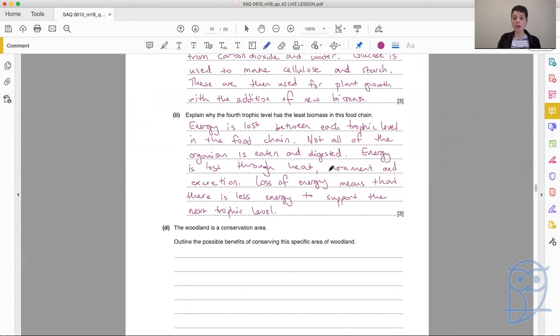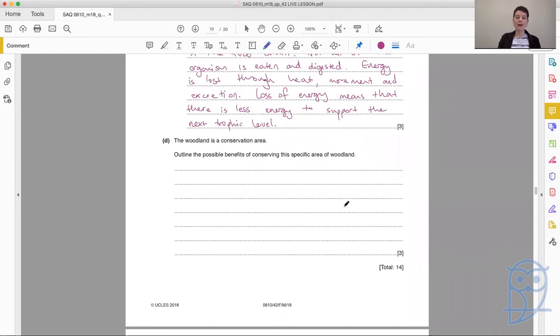So much grass can only support so many zebras, which can only support so many lions. And each time we go up a trophic level, we have to reduce the biomass because we've not got a very efficient transfer of energy from one level to the next.